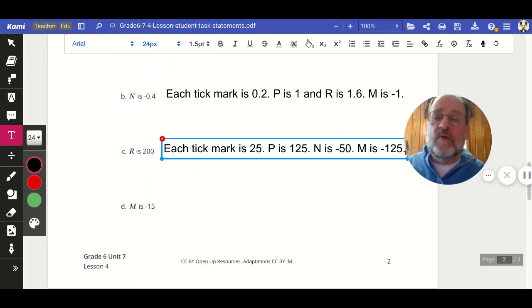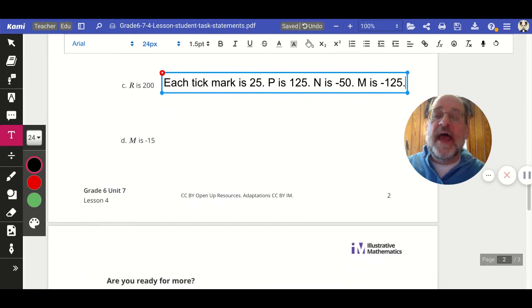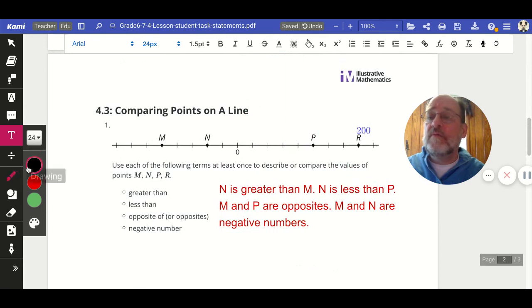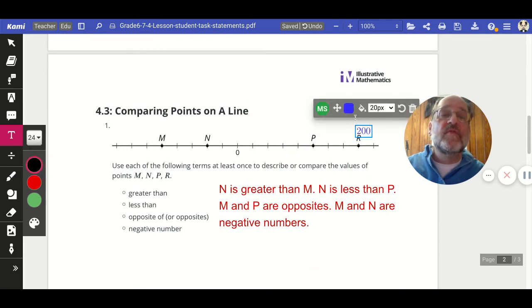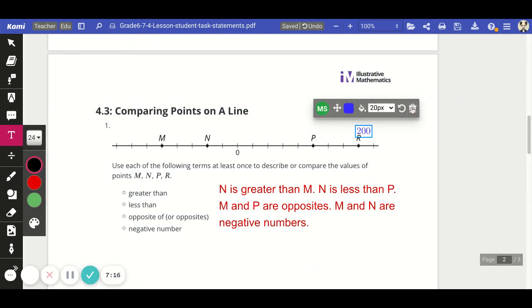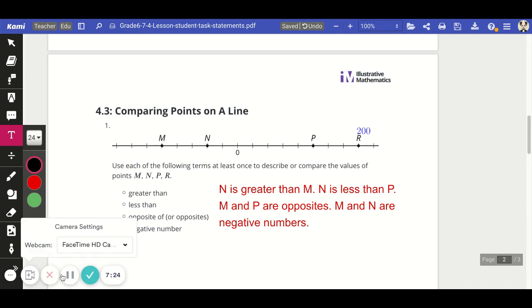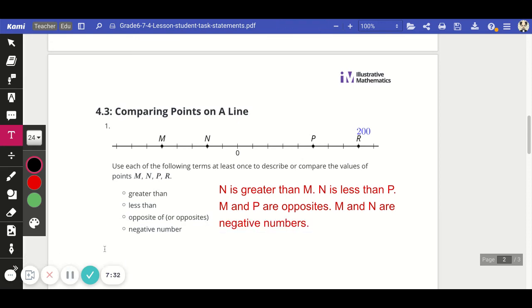One last one to do. So we are looking at M is negative 15. Okay. So get rid of you. Oh, hold on. I got rid of me. All right, you won't see me for a while.